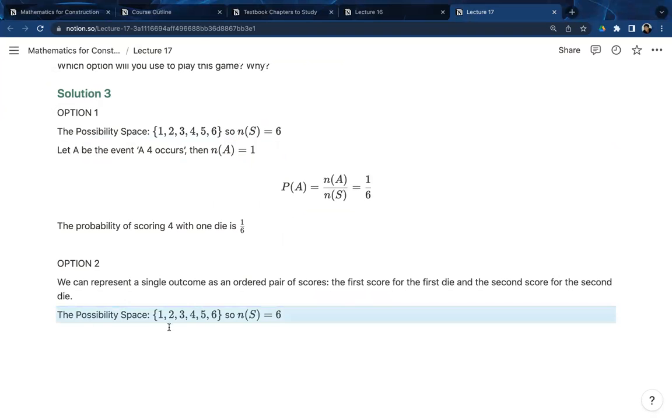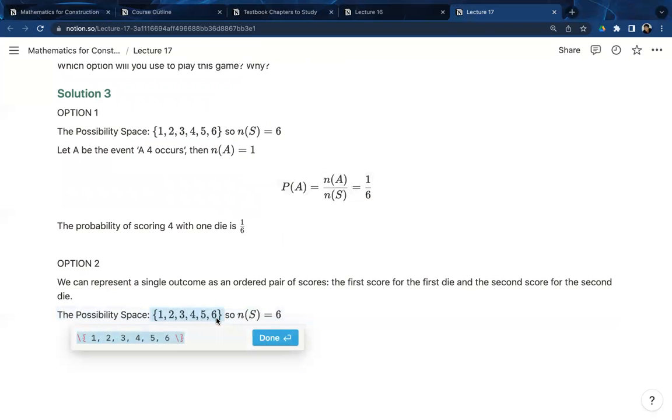What's the possibility space? So I could represent the scores as ordered pairs. So I could say 1,1. It means I get a 1 on the first die and a 1 on the second die. What's another possibility? 1,2.